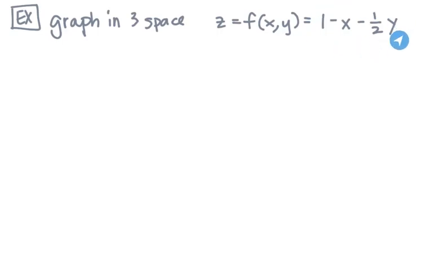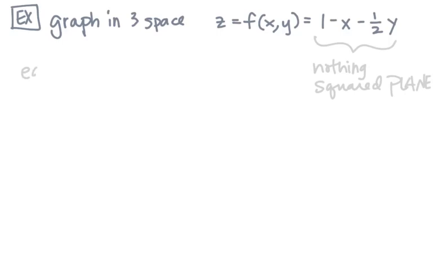So looking at this, what is this going to be the graph of? And we should all recognize here that this is going to be a plane. We have nothing squared, we just have x and y, right? So nothing squared, it's a plane.